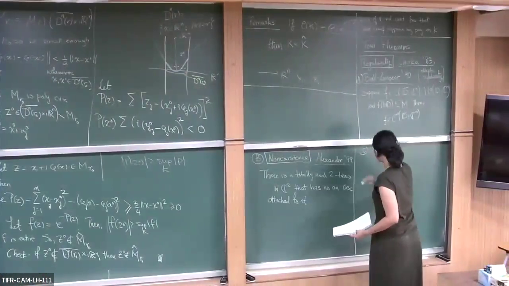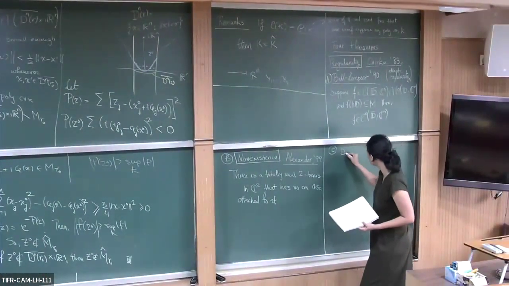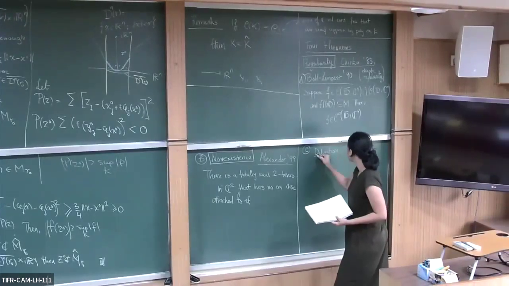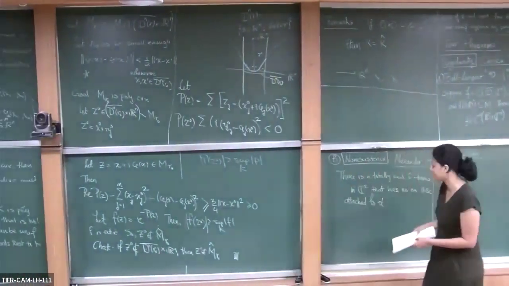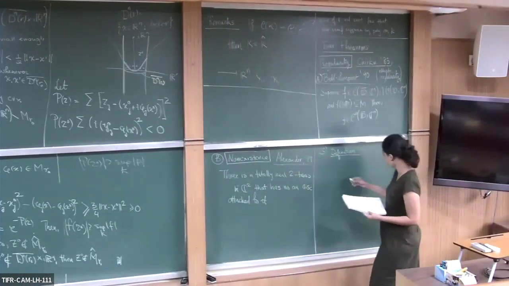Result C. Before I can state it, I need a definition. What Alexander was able to show: he tried to mimic Gromov's proof, and simplify it a little bit in the totally real case, and he was able to show something. So here's a definition.